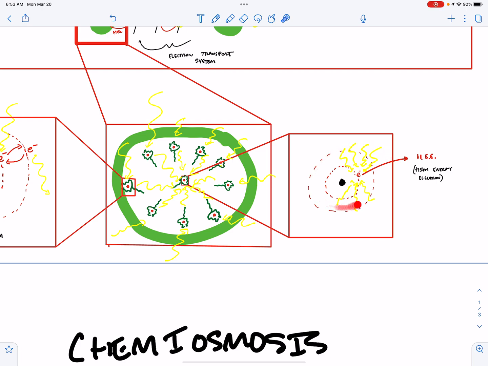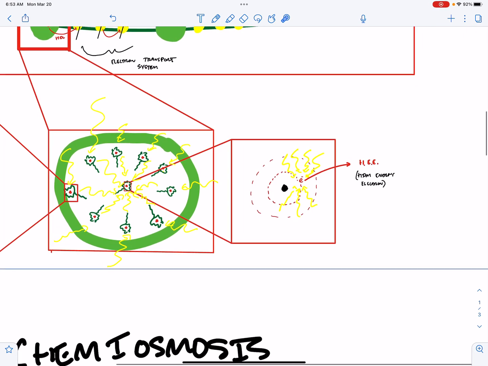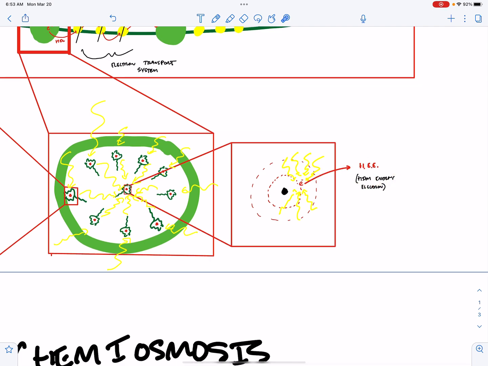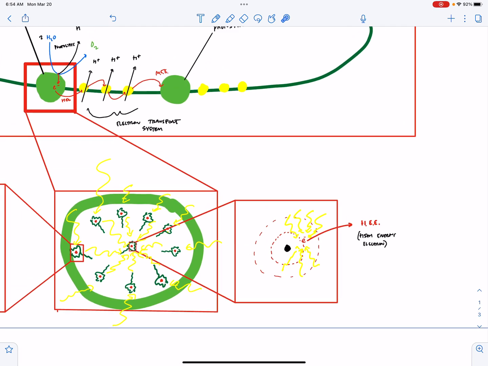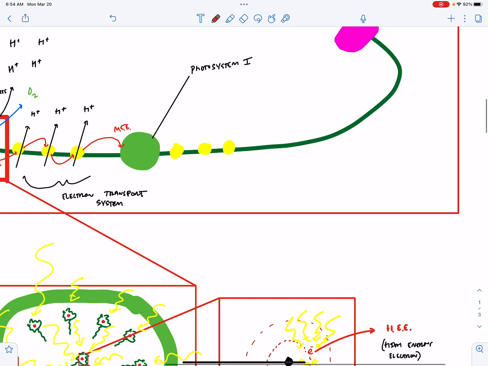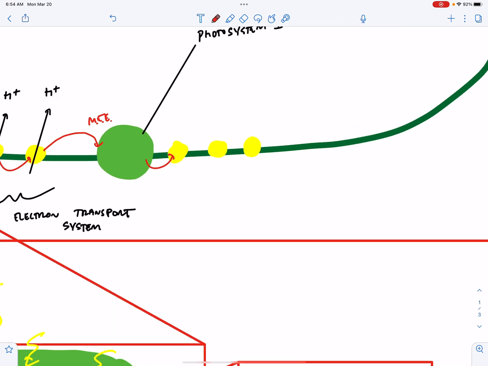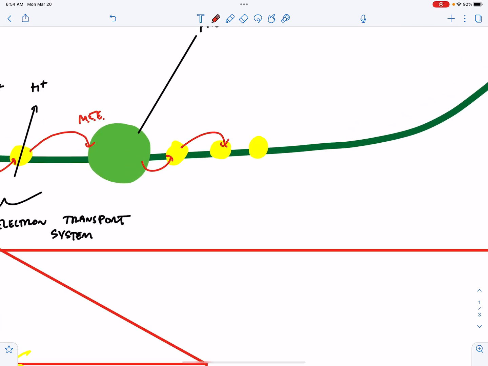There's going to be so much light energy focused on this now medium energy electron that we're going to kick it off again as an even higher energy electron. And we are going to pass it down. This is an electron transport system again. Here's an ETS.